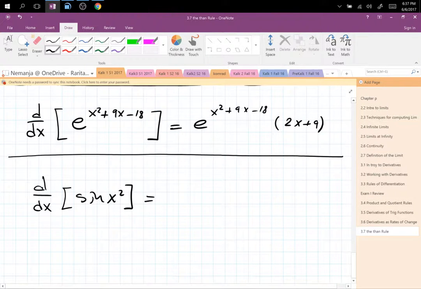What's the boss function? Sine x. So what's the derivative of sine of the mass? It is cosine of the mass times the derivative of the mass.